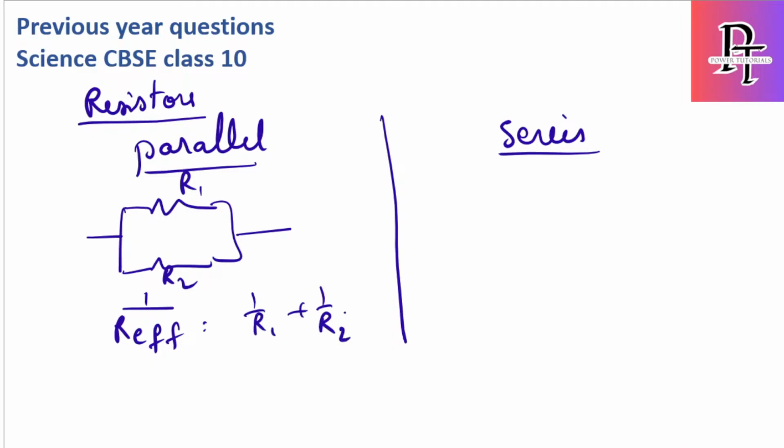This is for parallel. Whereas in a series connection, you have to remember that the start of one resistor should be connected with the end of another resistor. If this is the case, then only it is series. If it is parallel, both the starting points and both the ending points should be connected with each other.